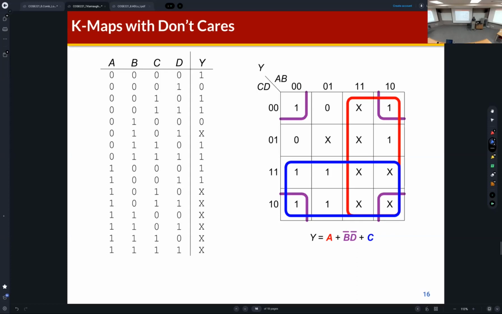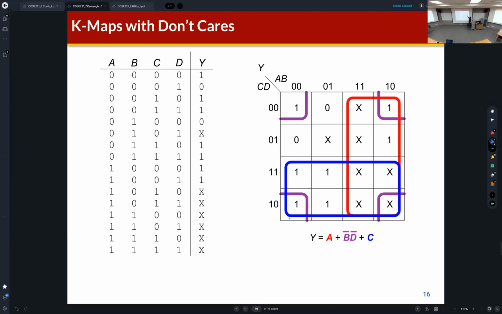So for this blue colored circle, it includes these X's, because if we include these don't cares, then we can make the largest circle. So which means that we can think this X is 1. Another example is this red colored circle. Also, if we think these X's are 1, then we can make this large red colored circle.